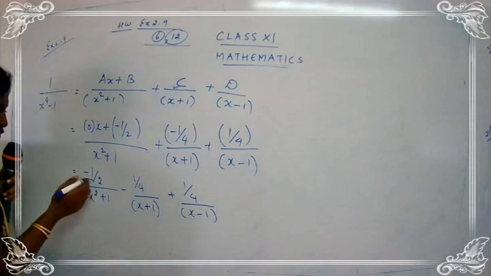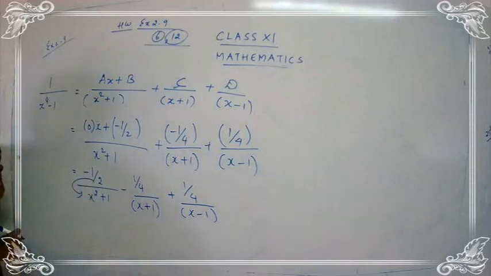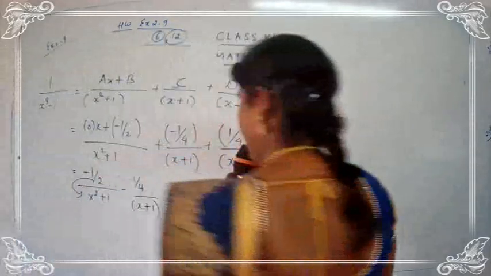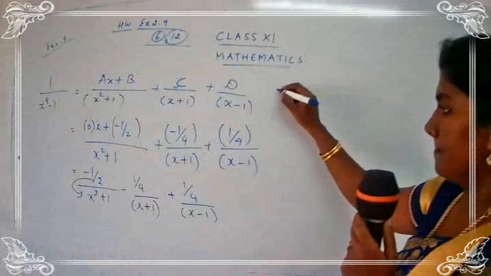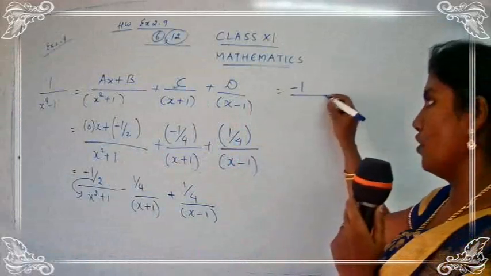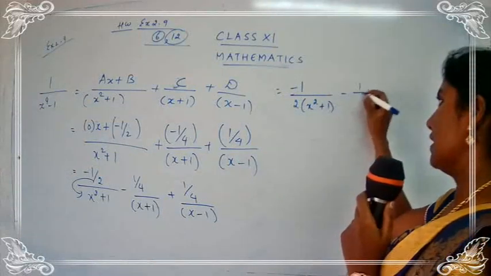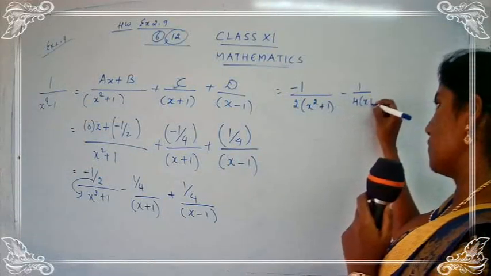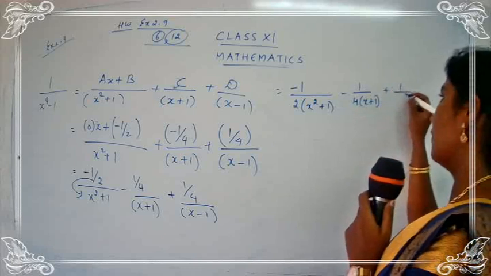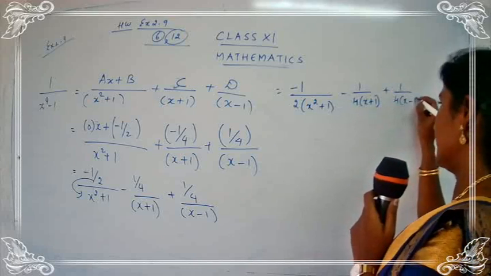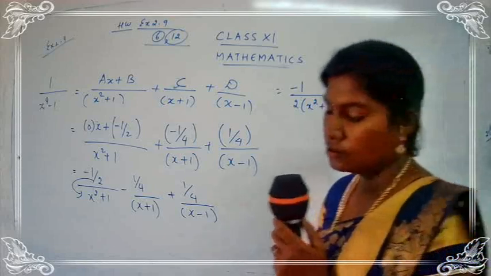So we have in the form of a numerator and denominator. So try to bring the denominator to the denominator. So you get minus 1 upon 2 x square plus 1 minus 1 upon 4 x plus 1 plus 1 upon 4 x minus 1. Okay, children? So what do you get?